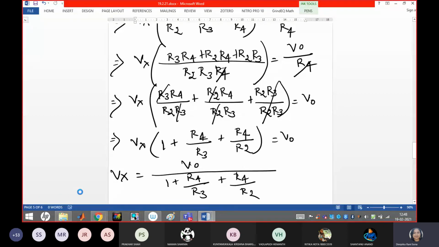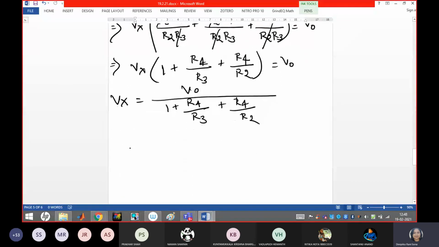You got the value of Vx, right? Now where can we apply the value of Vx? In equation 1, I1 equal to Vin minus Vn by R1, which is equal to I2, Vn minus Vx by R2.